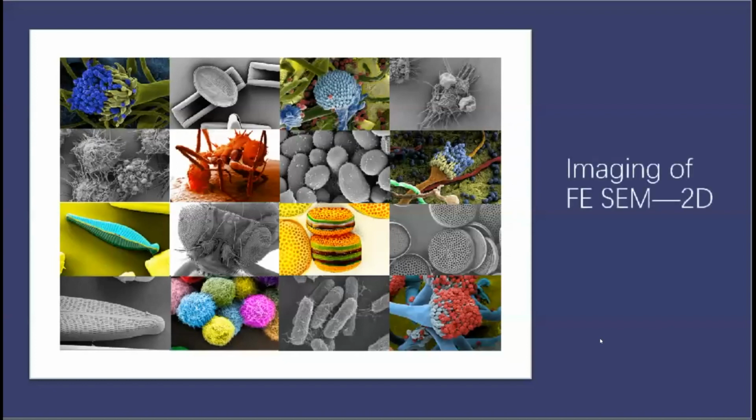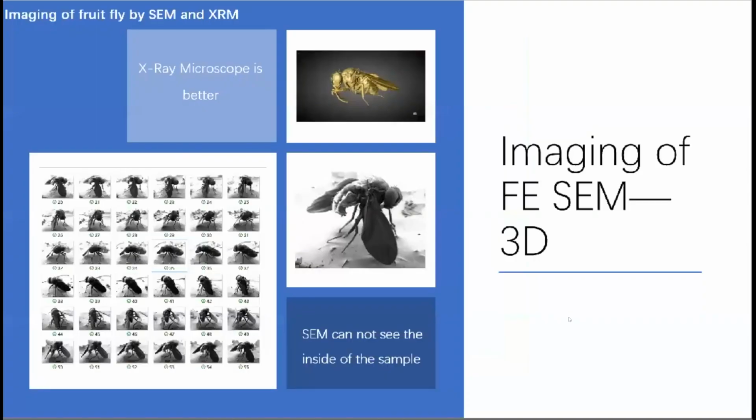This slide shows some 2D images by the field emission scanning electron microscope. Some of the pictures are painted in false color. Of course, 3D images can also be obtained using SEM.